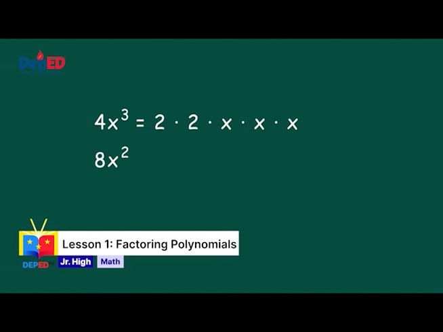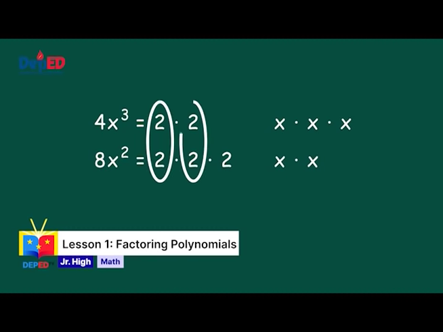And 8x squared is equal to 2 times 2 times 2 times x times x. Next step is we identify common factors. We can separate and align the numerical and literal coefficients to make this easy. Can you identify which is common among the prime factors? How many 2 are common? How many x are common? We can encircle these pairs to help us determine the common factors.